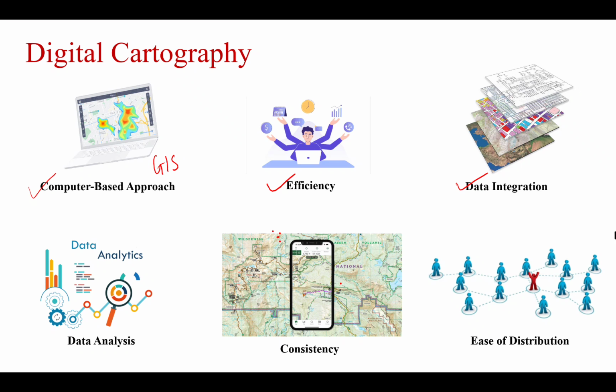But in digital cartography it is very easy, because I can make all of these various maps and integrate them together. It means putting them all together, stacked on top of each other, and whoever wants to see whichever map, they will be able to do that. This is a very cool feature.